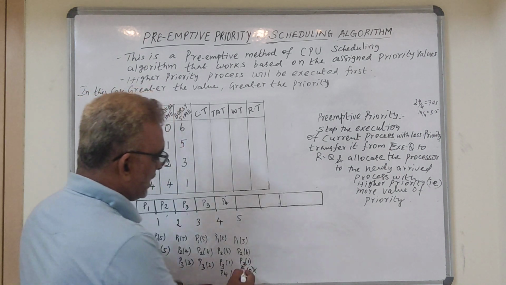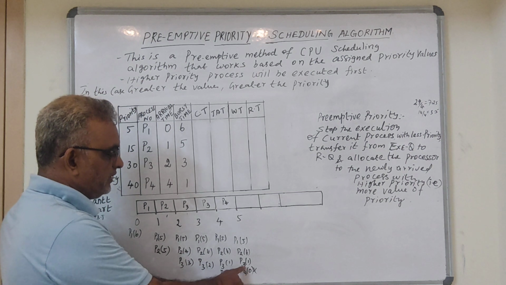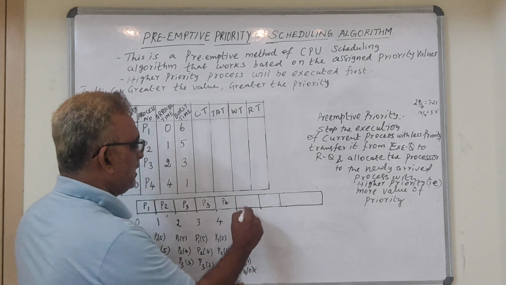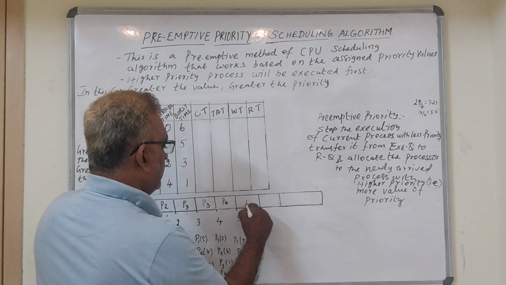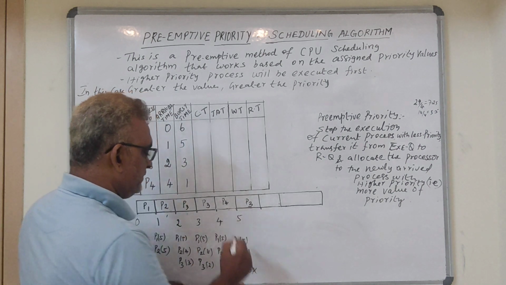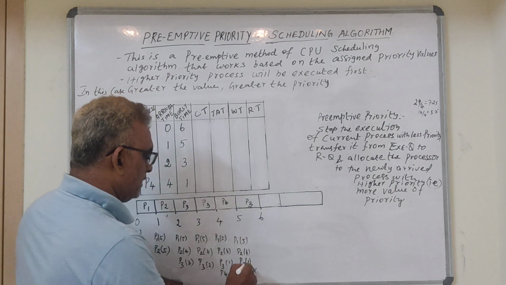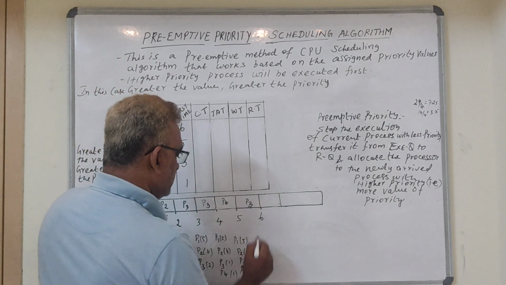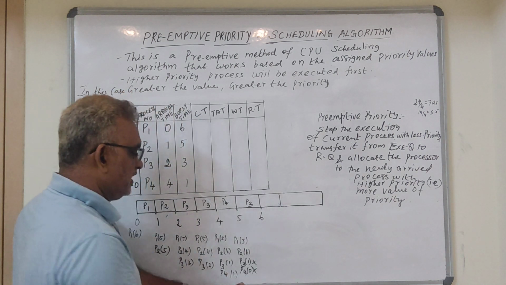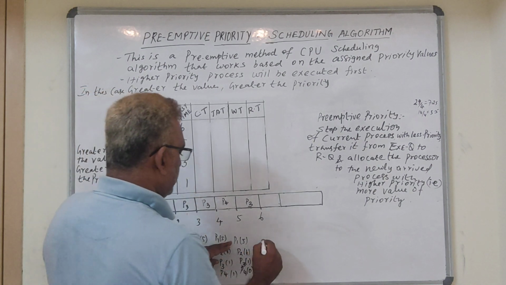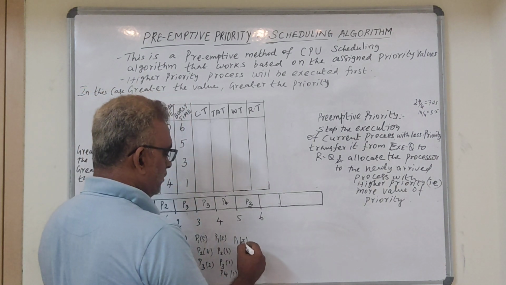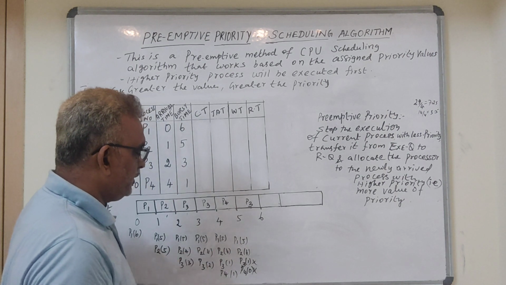Following the priority hierarchy, the processor is allocated to process P3 for 1 millisecond. So at the 6th millisecond process P3 is over. Now we have only 2 processes, P1 and P2.